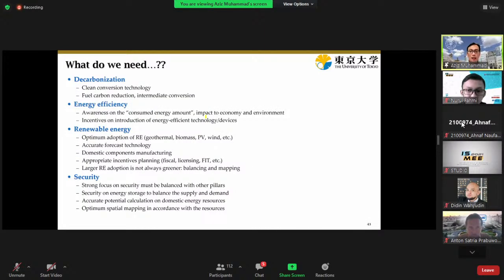What we need for our country is decarbonization, yes, and also energy efficiency, we need to develop that. And also renewable energy, but we must be really wise in this case. Don't only take another country as the example. No, we need to develop our own scenario. We must be really wise to realize our conditions, our characteristics.